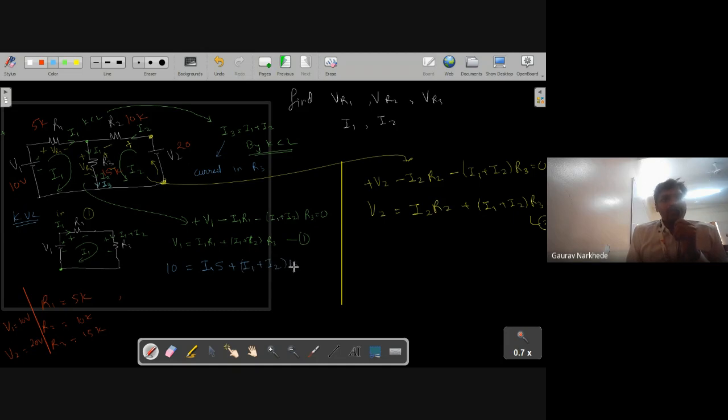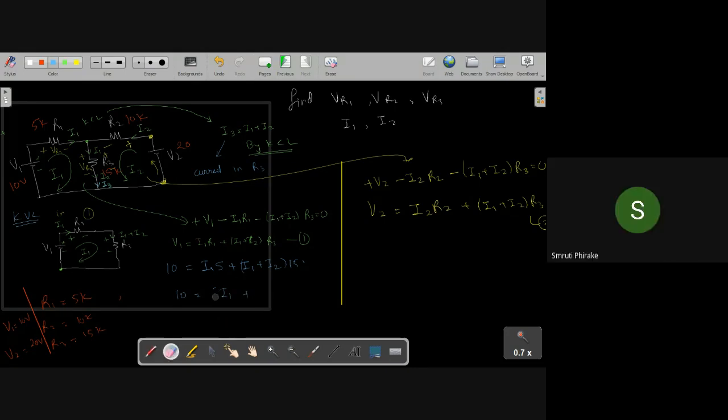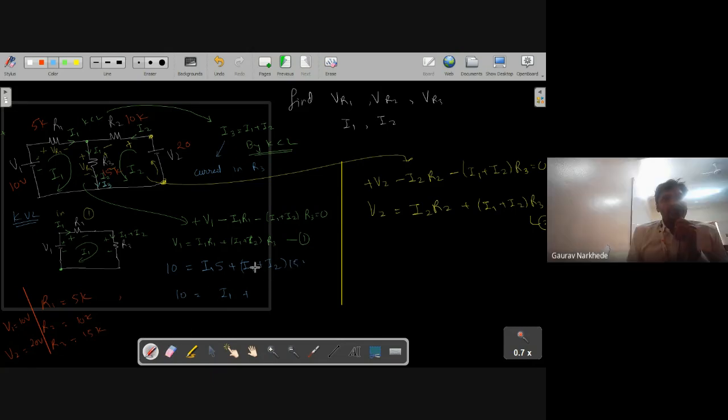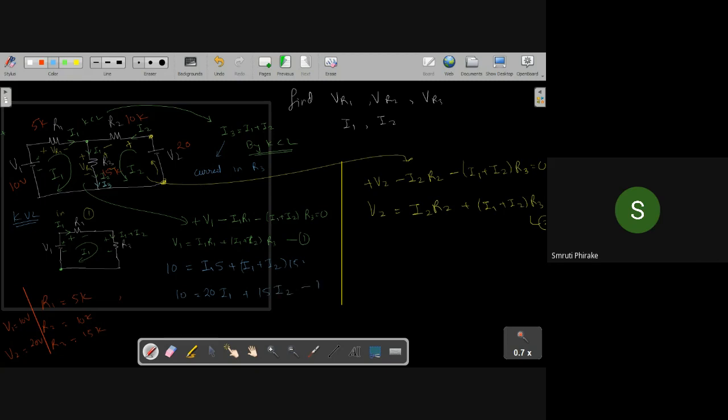R3 is 15 kilo. So this 10 is equal to, not 6 times, 21 times... two equations, two unknowns. So 15 I1 plus 5 I1, 20 I1, and then plus 15 I2. This is equation number 1.